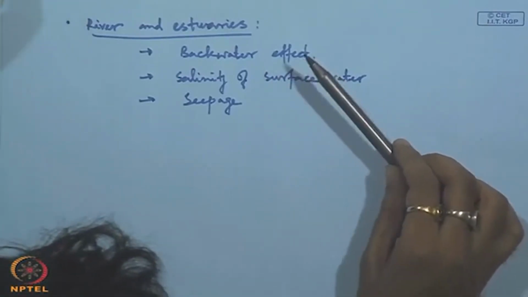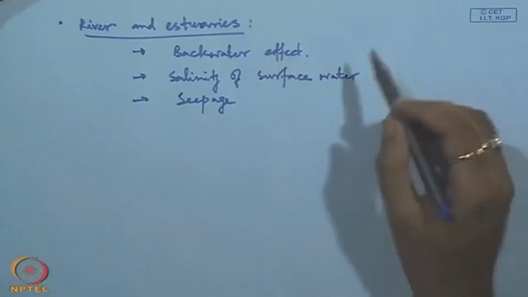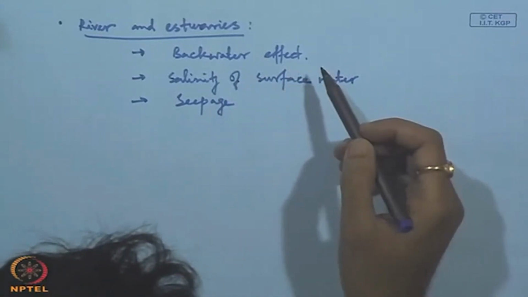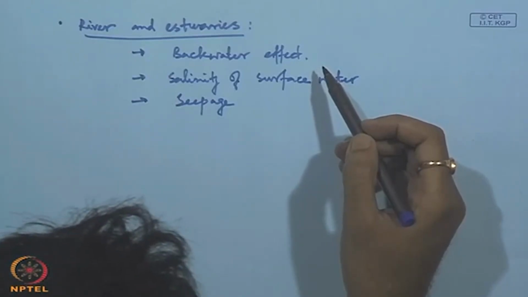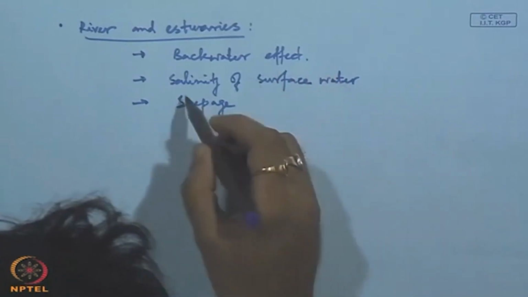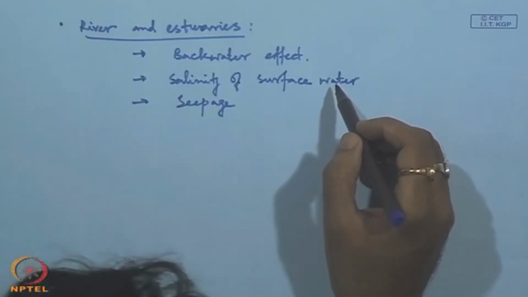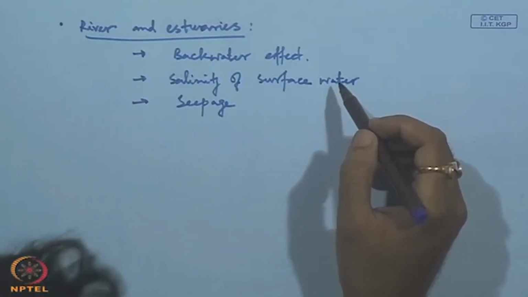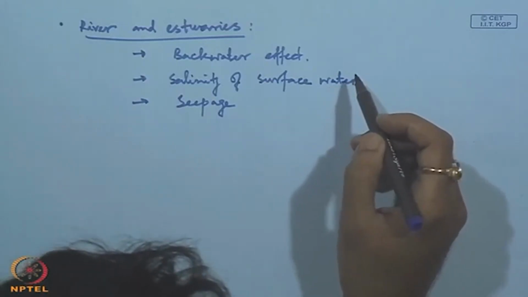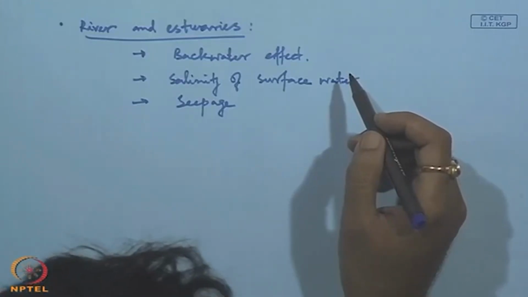Due to these rivers which are connected to the sea, there may be a backwater effect, and due to tidal variation it can affect a significant portion of the river, and in turn this salinity of surface water can cause saline water intrusion in coastal aquifers or inland aquifers, along with other effects like heavy extraction or heavy pumping from this particular aquifer.